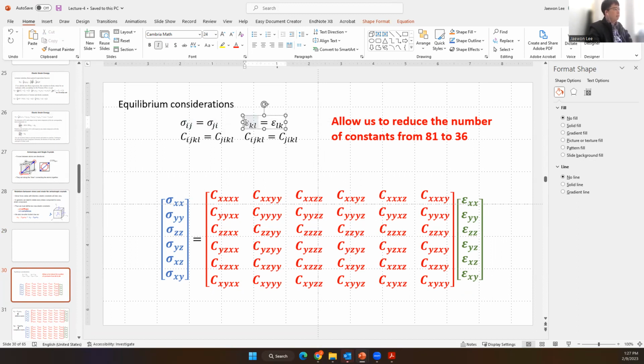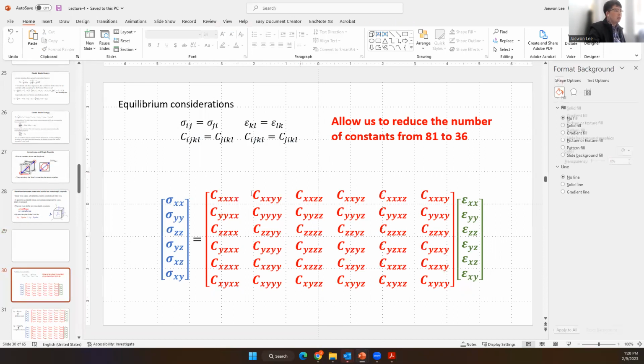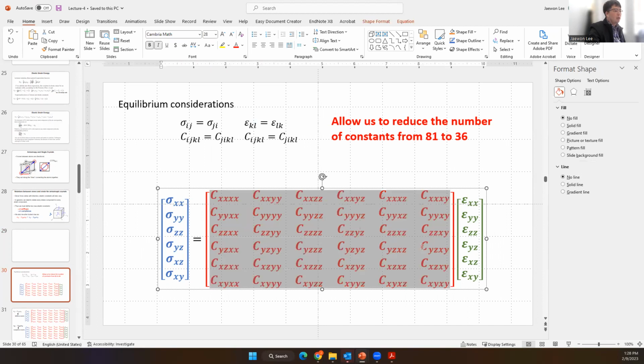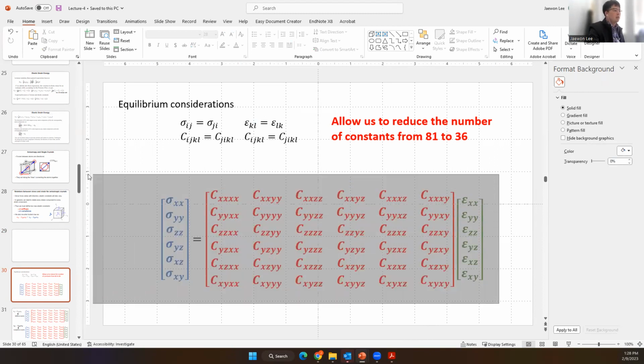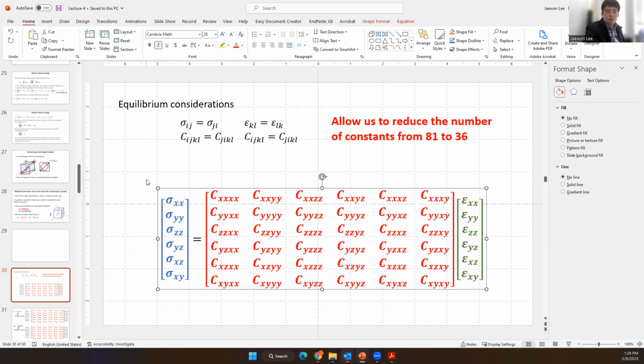Then strain kl, strain lk is same. So the stiffness ijkl is equal to the stiffness jikl, and ijkl is equal to ijlk. So we can reduce the 81 terms to 6 terms. We can simplify that. Can you understand?